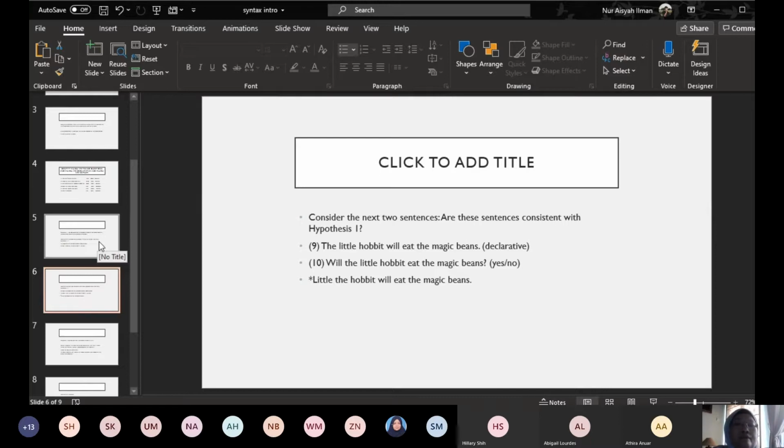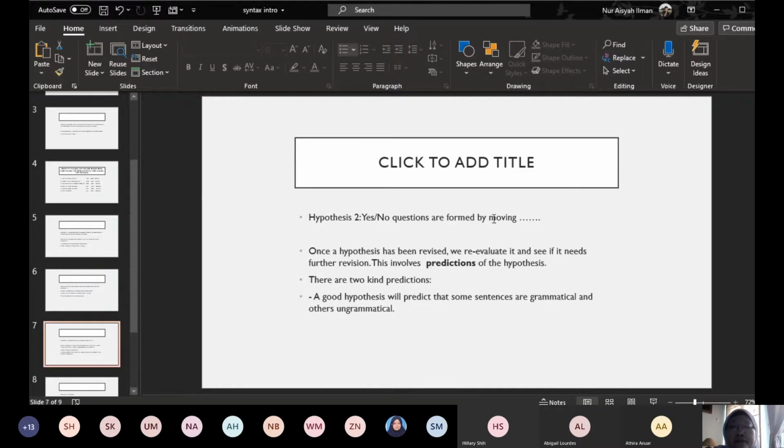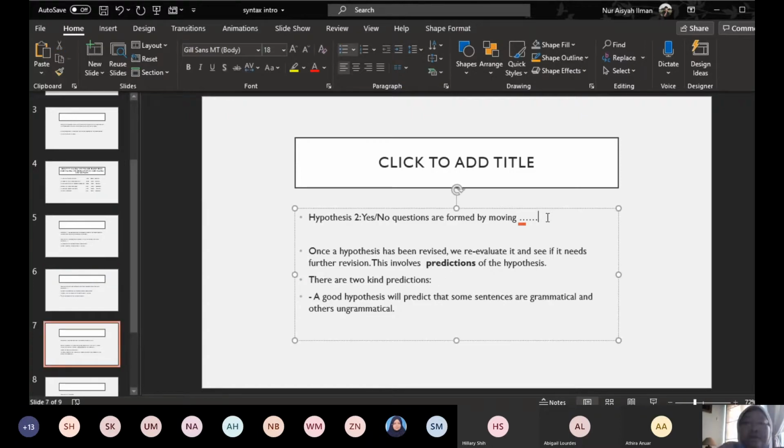So it is not just the second word, but we have to specify what word. So we say yes no questions are formed by moving the auxiliary to the front.